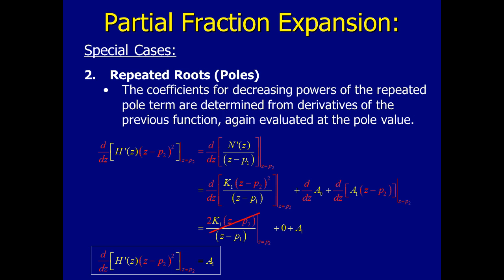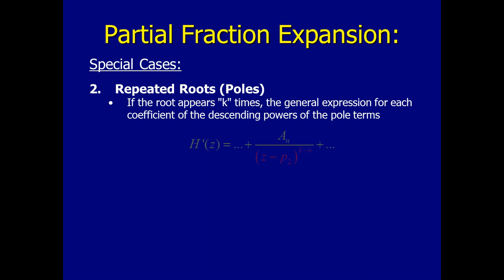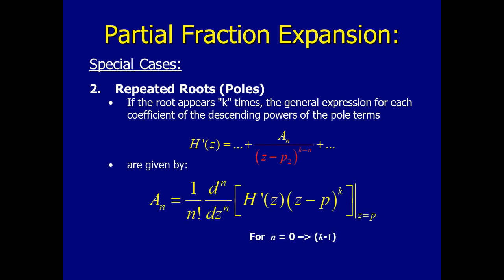And that's a derivative with respect to z. After we do the derivative, then we replace z with the pole value, in this case p1, and do a normal partial fraction determination on that. So if the root appears k times, this is the generic equation for all those derivatives we would need.